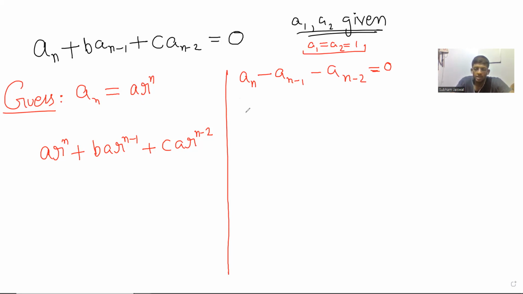Now my question is, what can you say about the R? At least on the Fibonacci side, please tell me. We cancel those things, and then you get this.